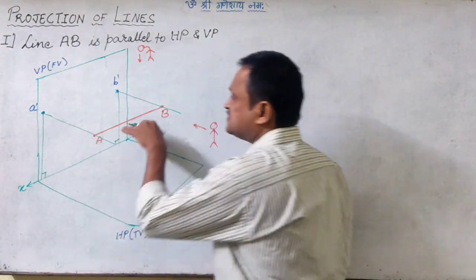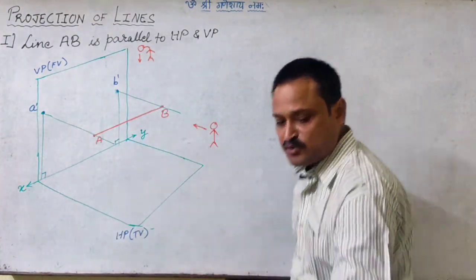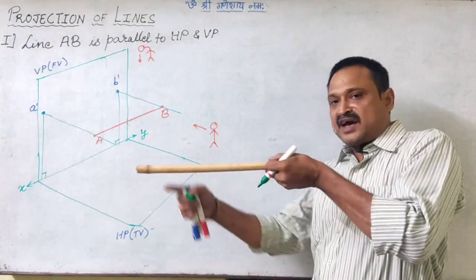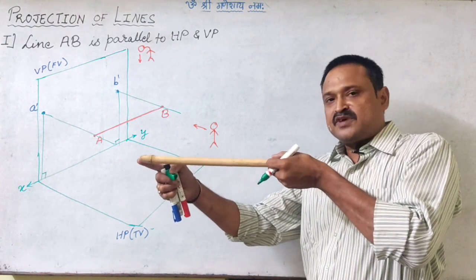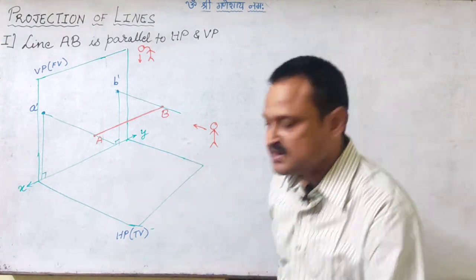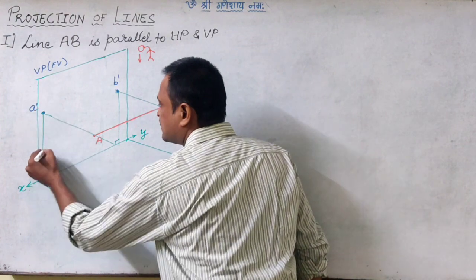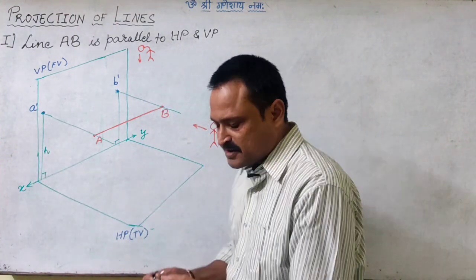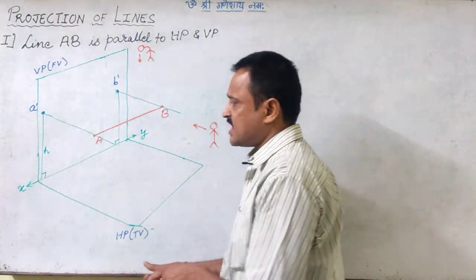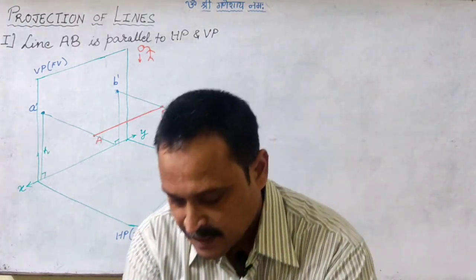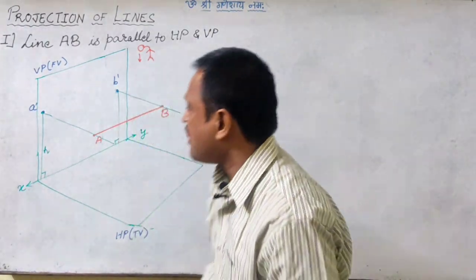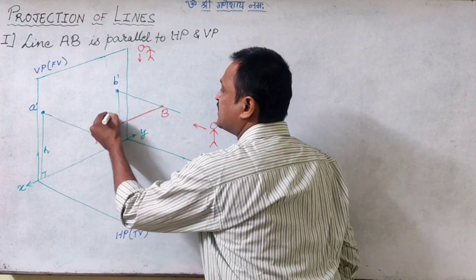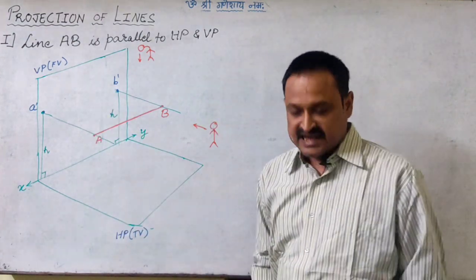So when the line is parallel to HP, the height of A and the height of B will be the same. So we get the image A dash at height h, and the image of B dash also at the same height h.